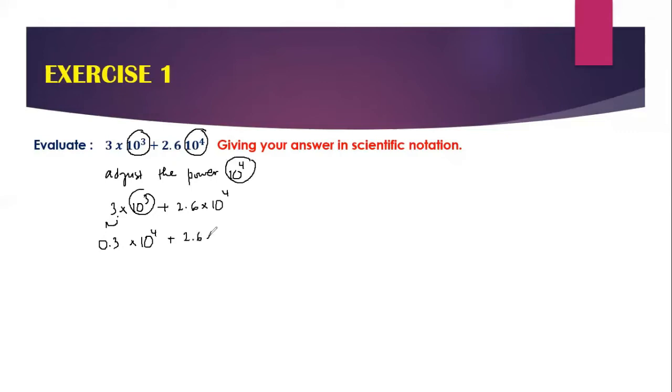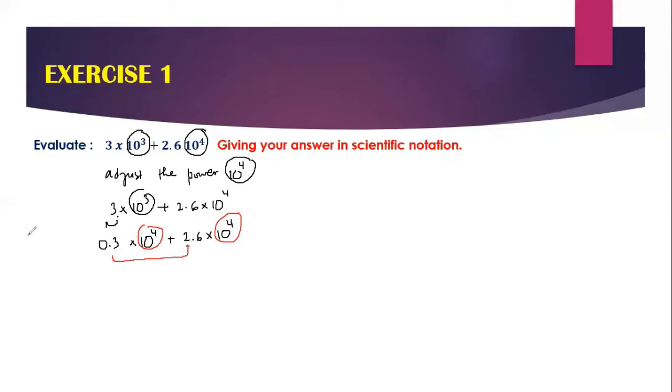2.6 times 10 to the power of 4, no change because the power is already 10 to the power 4. Now we have the same exponent, right? Now our job is to sum up the coefficients.